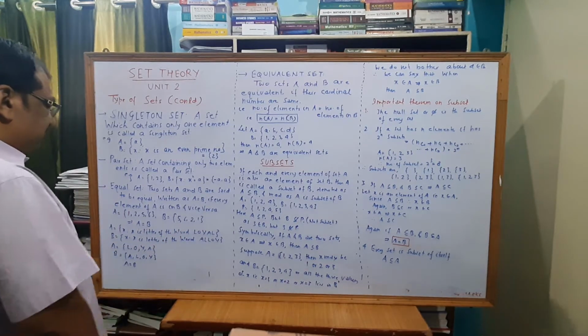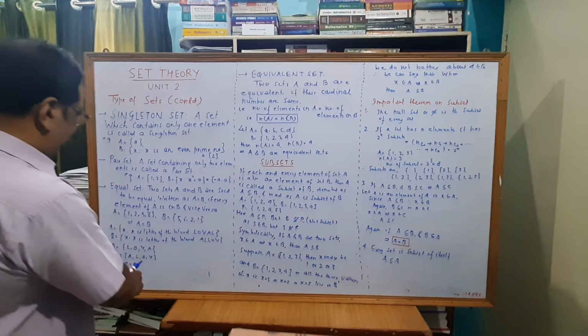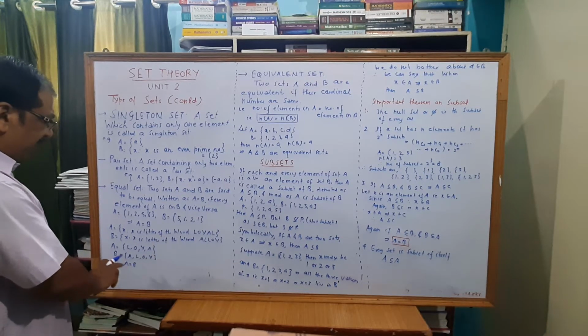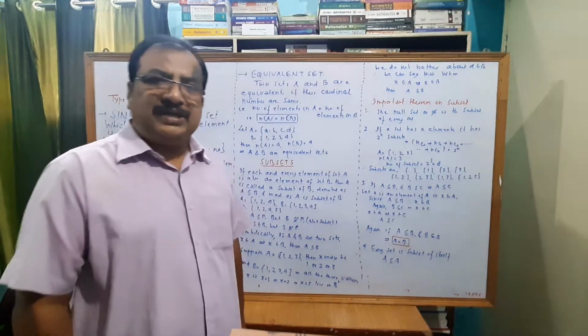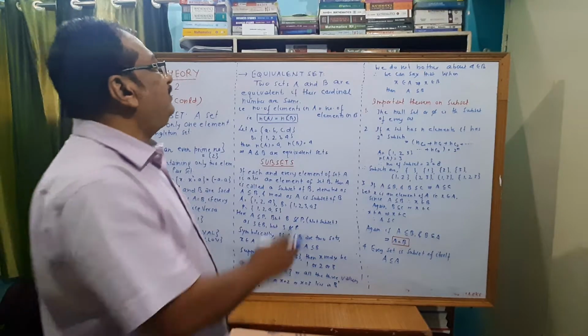L, O, Y, A are the distinct letters of loyal. And alloy, A, double L, O, Y: A, L, again it is repeated, we will leave it, O, Y. So here A equal to B. Both sets are equal.